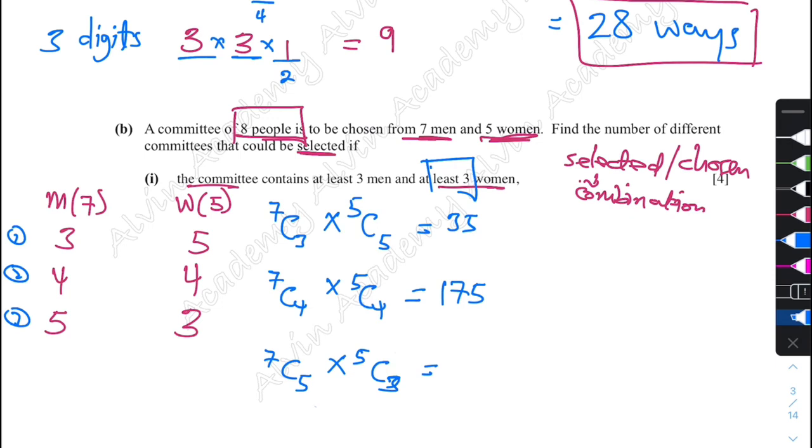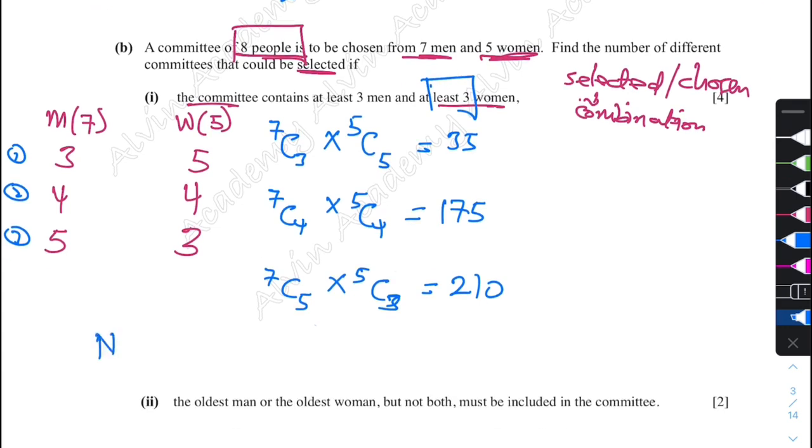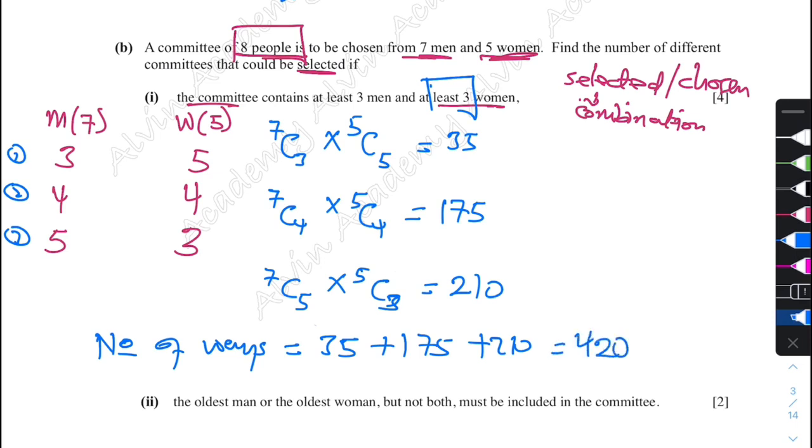Calculator says the answer is 210. So at the end of the day, the number of ways is basically 35 plus 175 plus 210, giving me 420 ways.